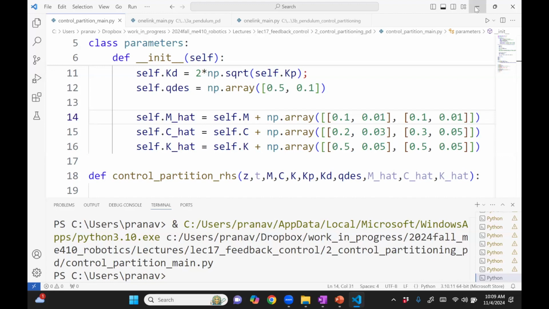I'm going to show you an actual example involving a physical system. Let me put it there in the notes.